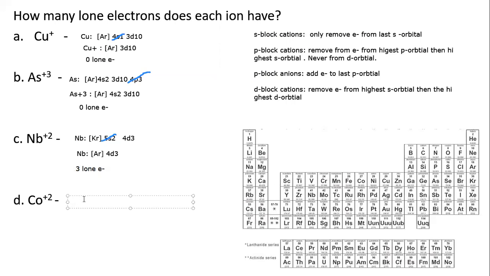Lastly, we have cobalt 2 plus. So let's first write the electron configuration of cobalt. So cobalt 2 plus, what that means is we remove from the s orbital first. So these 2 electrons go away. And we have argon 3d7. And so if we were to draw the orbital diagram of the 3d orbital, it would look something like this.